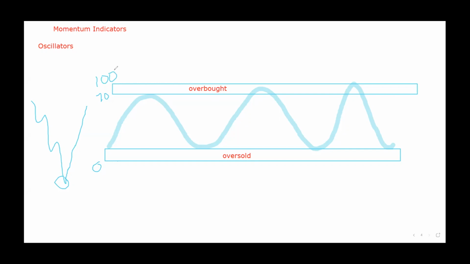Some people use between 80 and 100 for the overbought. 70 to 100 means anything above 70 is overbought for them. So people that use 70 for overbought use 30 for oversold. That means anything that is 30 or less is oversold, while anything that is 70 or higher is overbought. So the person that is using 75 is going to use 25.